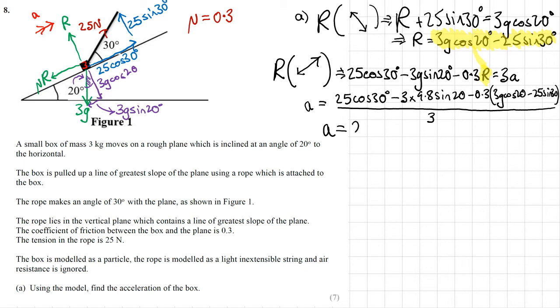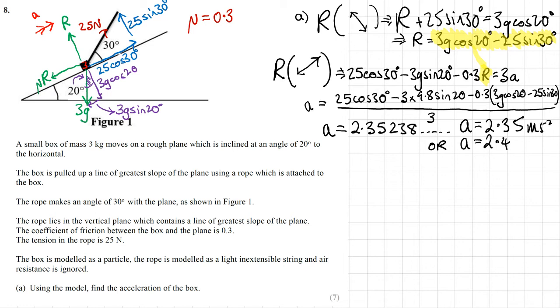Right, so I get 2.35238 and so on. Now, on a question like this, you must definitely round to 3 significant figures or 2 significant figures. So you'd want to give your answer as 2.35, or to 2 significant figures 2.4.